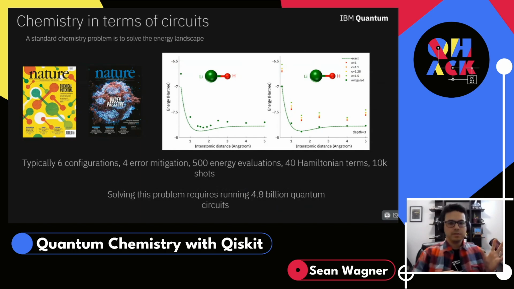The first one, which is the yellow cover that you see here, our scientists were able to simulate the lithium hydride chemistry on a quantum computer, showing that it can be done, and showing that the general methodology that we're using, which was at that time and still continues to be the variational quantum eigensolver, could get results with reasonably good accuracy, approaching what we can do with a classical computer. Now, of course, this is a small system, and so it's not an intractable problem for a classical computer.